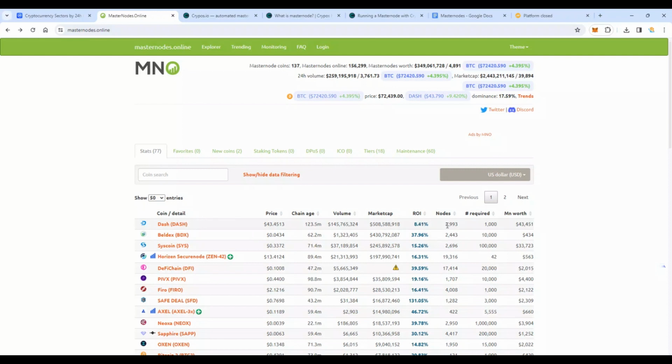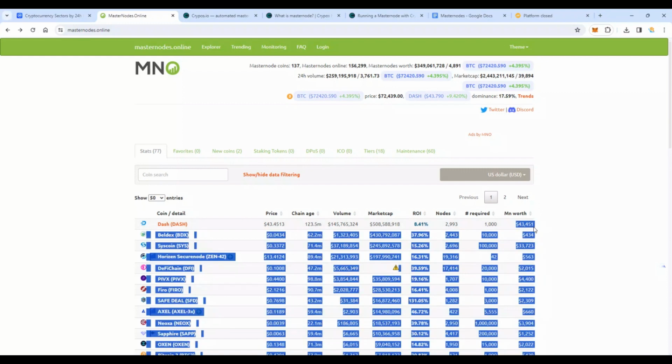And you can see the nodes that are currently running is 2,999, and you need a minimum of 1,000 Dash coins for you to run a complete node, and that is going to cost you roughly $43,000 to run a complete masternode. So because of this, not so many people can afford $43,000.